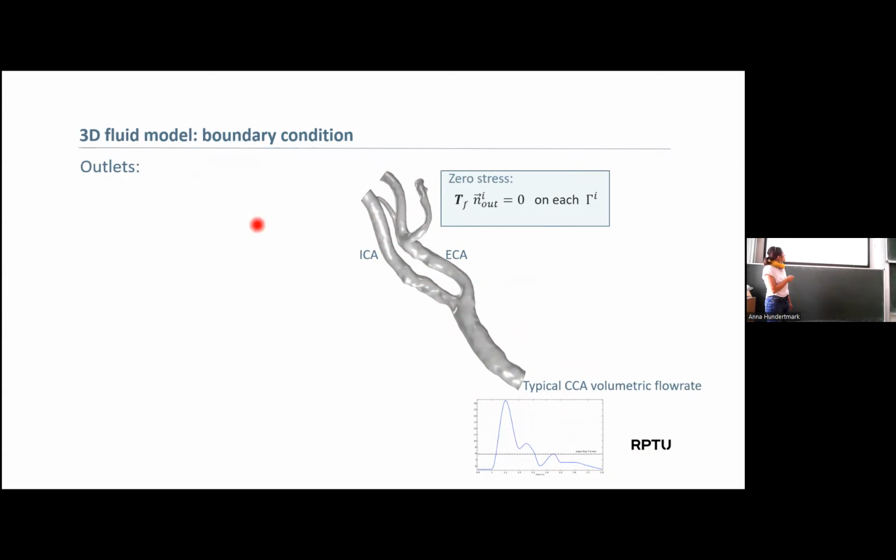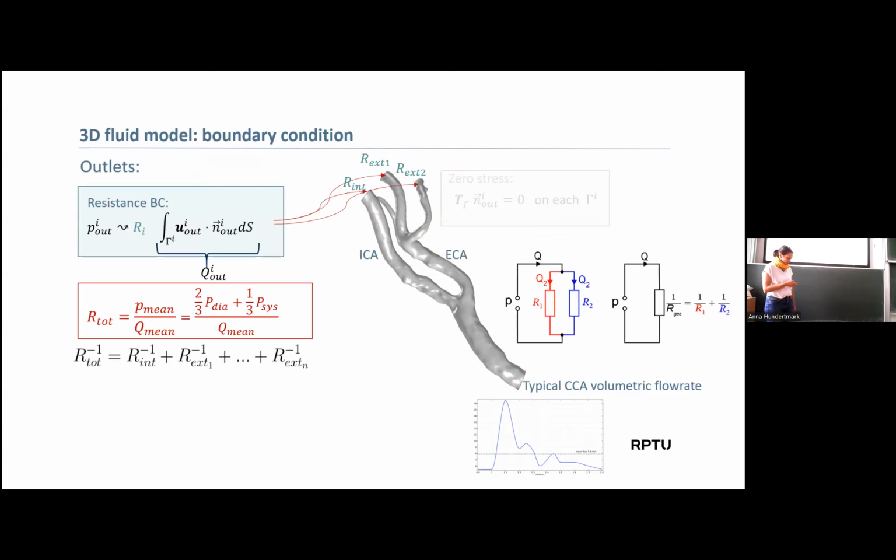And at the outflow, at first, as probably a lot of people starting with hemodynamics do, zero pressure, not zero pressure, zero traction outflow. We took it at first for each outflow, but this did not work very well, as I will show in the results.